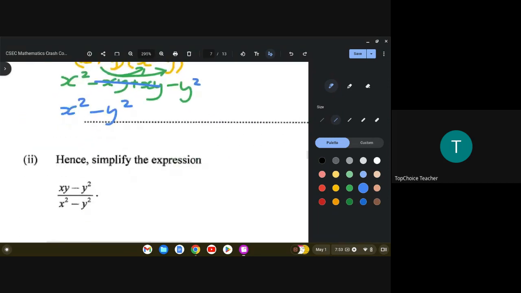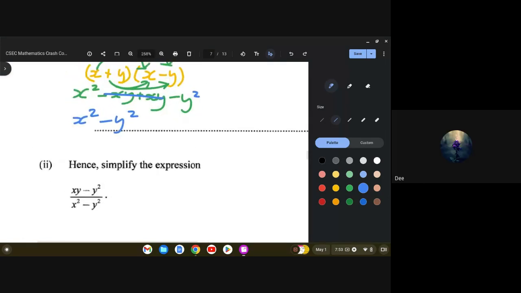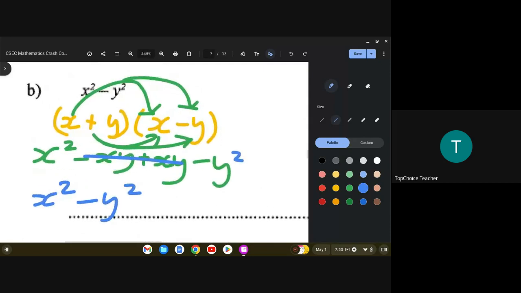So let's do this one now. Cancel out the two xy's in the middle. Yes, they cancel out in the middle there because, if you look at it, this is negative xy, this is positive xy. If you add them together, you end up with 0 because one is the negative version, the other is positive.